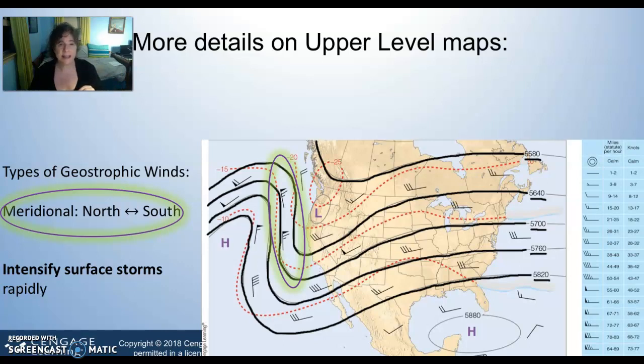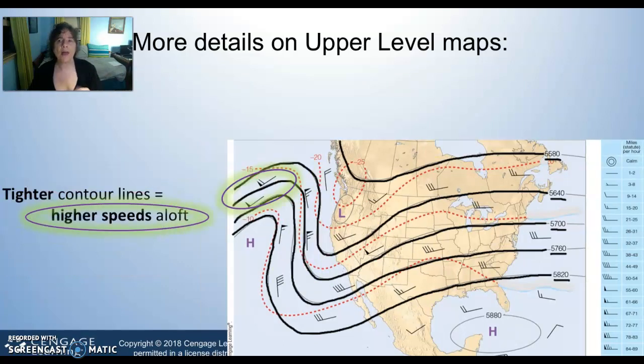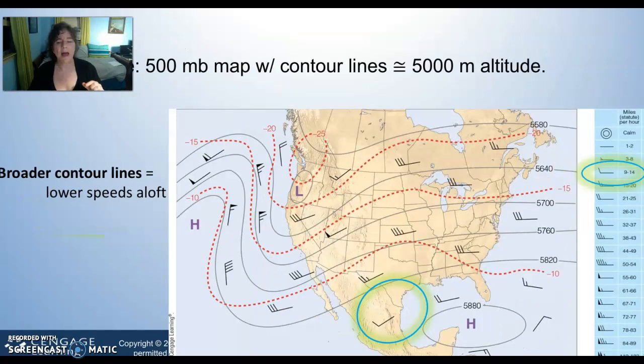And in addition to that, those upper level winds also can have higher speeds when the contour lines are tight, and you notice that here, and they can have lighter speeds when the contour lines have a lot of distance between them.